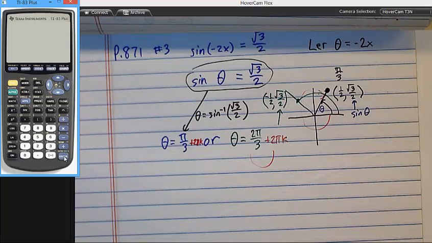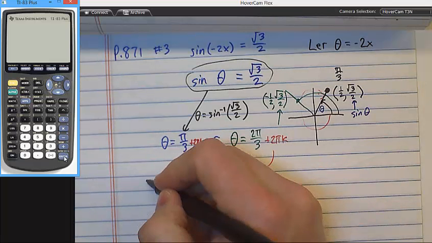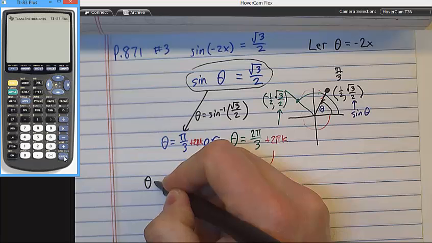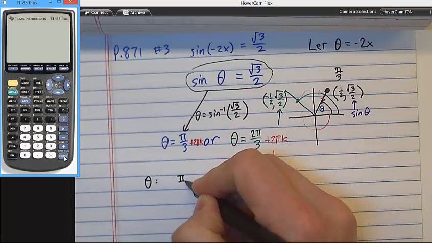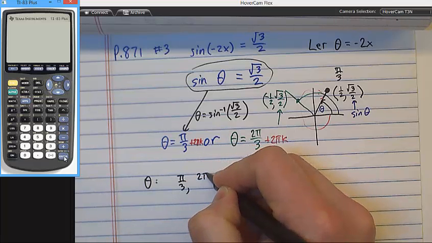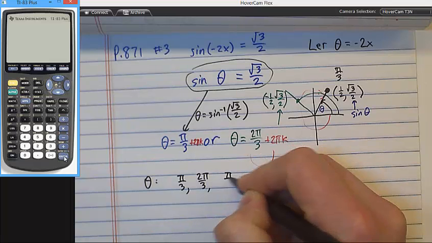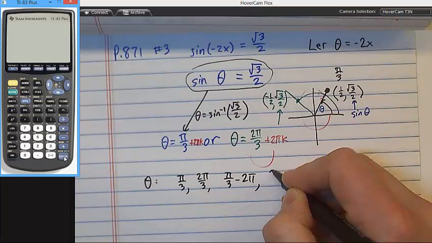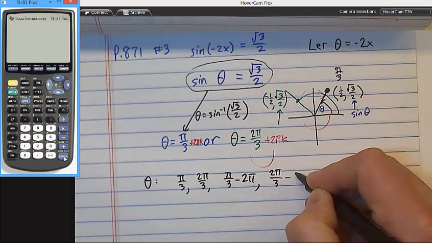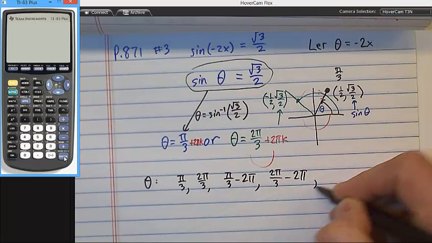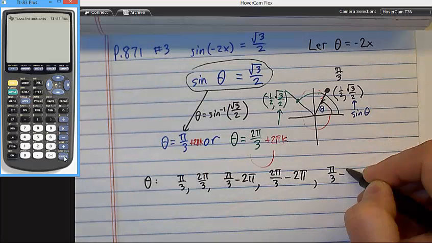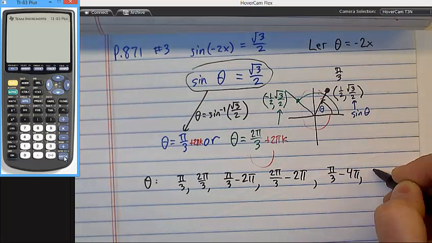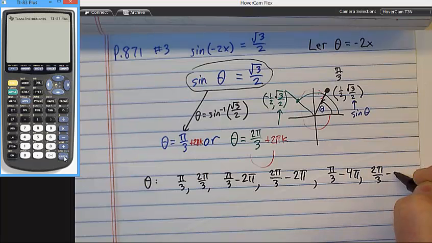So I guess one thing I could do is start listing them. Here are different values of theta. Theta could be pi over 3, 2 pi over 3, pi over 3 minus 2 pi, 2 pi over 3 minus 2 pi, pi over 3 minus 4 pi, 2 pi over 3 minus 4 pi.